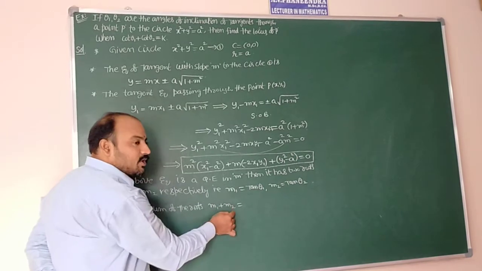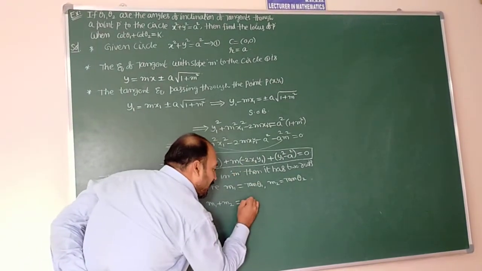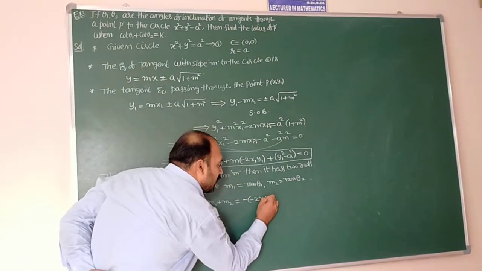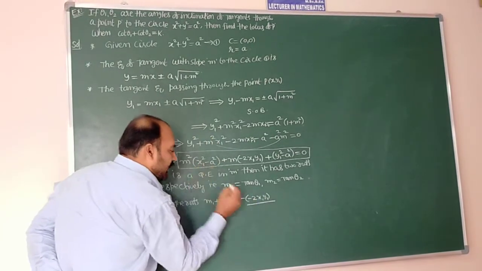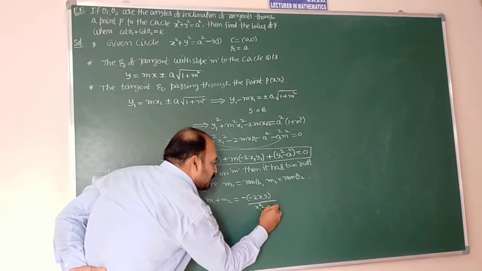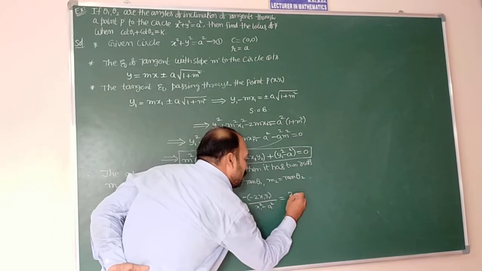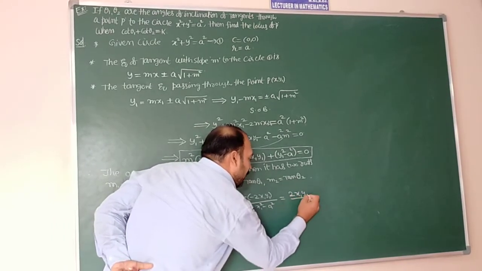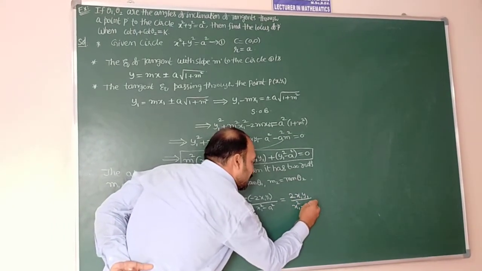So m1 plus m2 is minus B by A, so minus of minus 2x1 y1 divided by x1 square minus a square, which is equal to 2x1 y1 divided by x1 square minus a square.